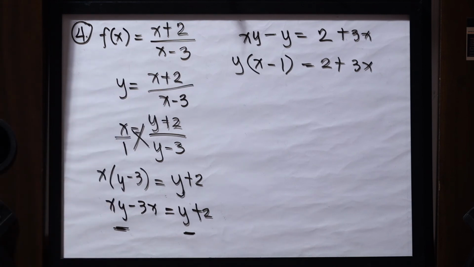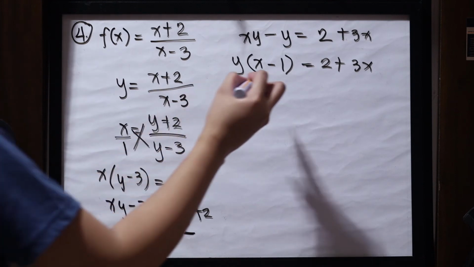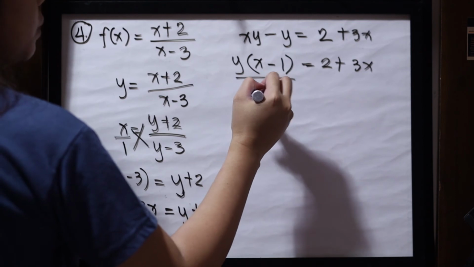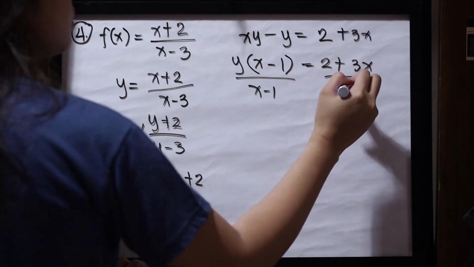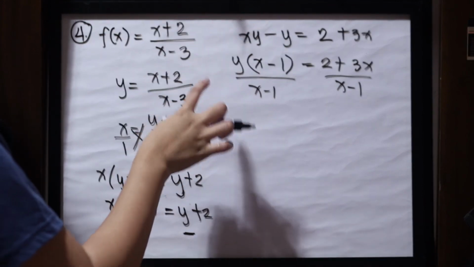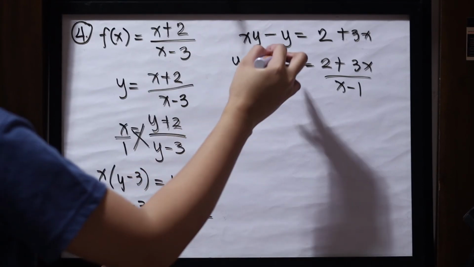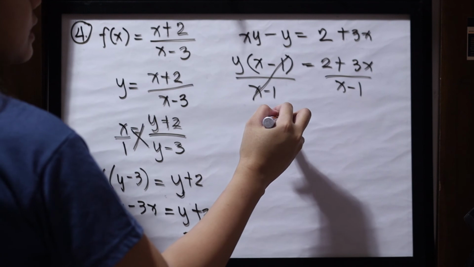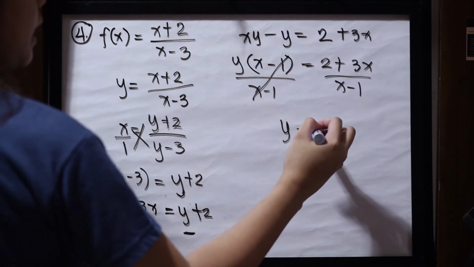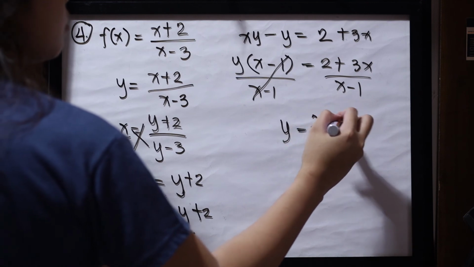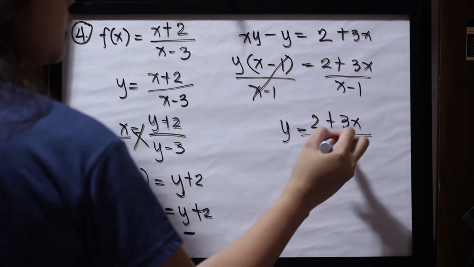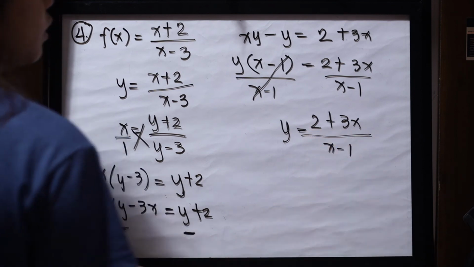Tapos, since isa na lang yung y natin, pwede na nating i-divide yung term na x minus 1 on both sides of the equation so that you will be left with y na lang na variable on the left side of the equation. Kasi we will cancel this one, we can cancel this one, and ayun na, ang matitira na lang ay y. So, the inverse of the given function is 2 plus 3x all over x minus 1.